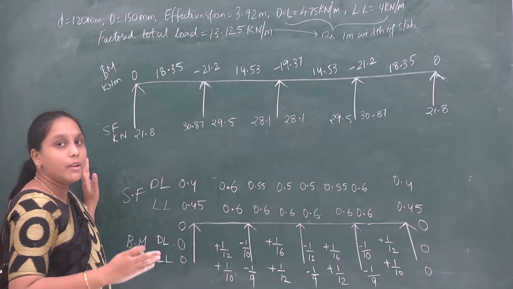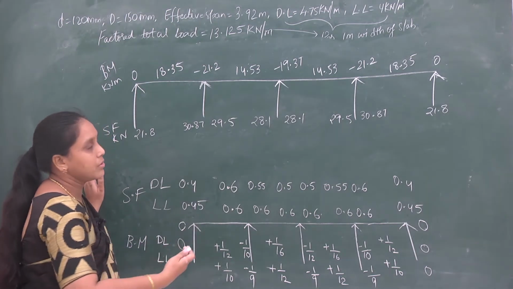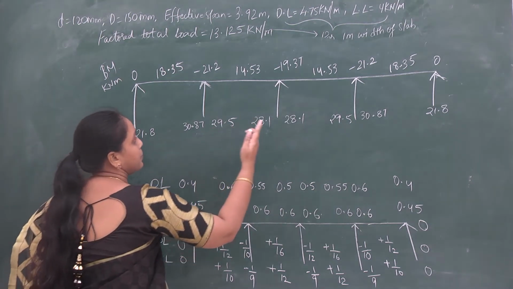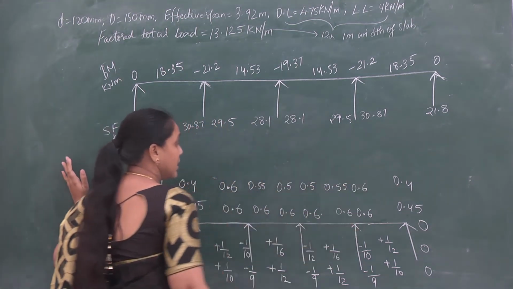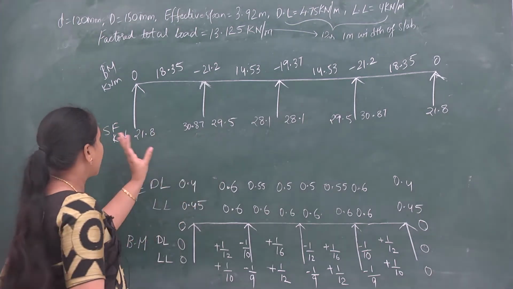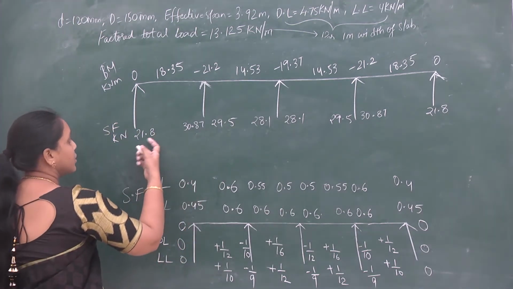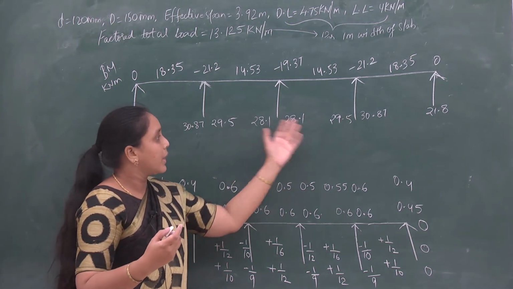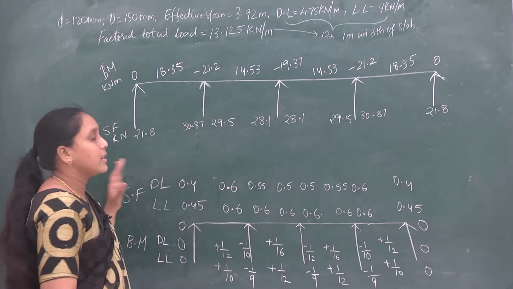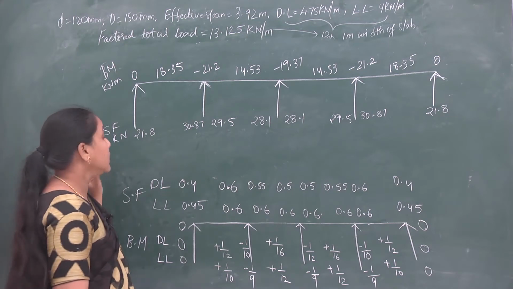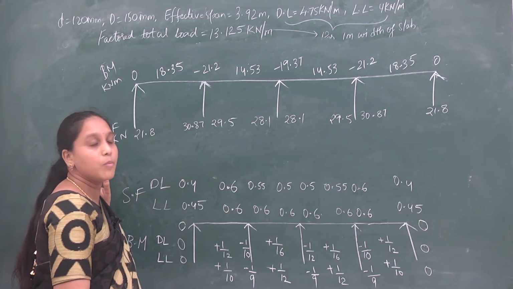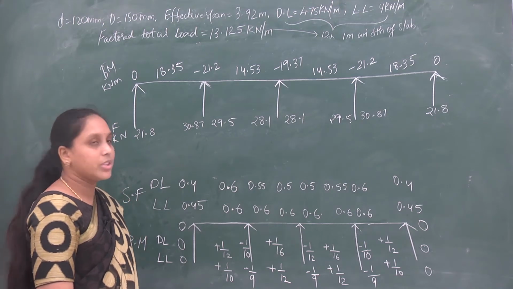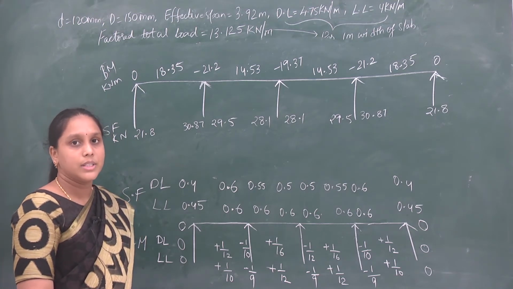In a similar way, by following the process we have seen already, calculate the shear force at different sections, and we'll get the values. At the end support, the shear force is 21.8, and here we are going to get these values. So like this, we have to calculate the factored bending moments and the factored shear force at different sections of the continuous slab.